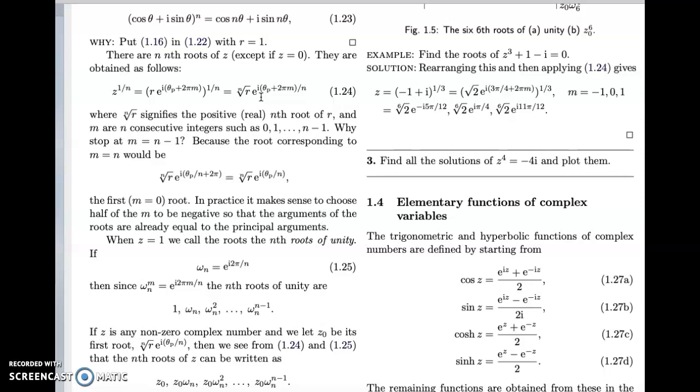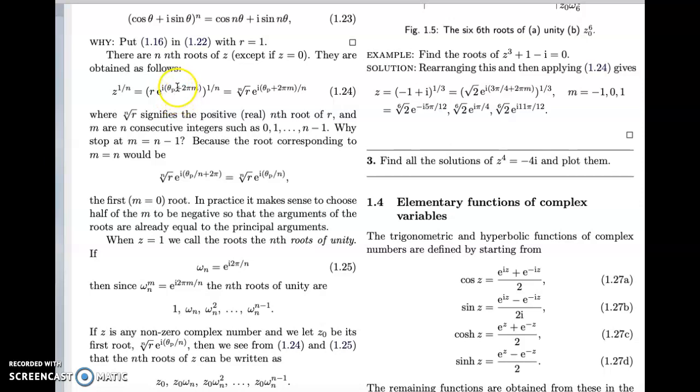So a key result is that there are n nth roots of z, except if z equals 0. So z is some complex number which is not 0, and we want to find the nth root of z. So how do we do that? What we do is we write z in polar form, r times e to the i theta, where theta is the principal value.